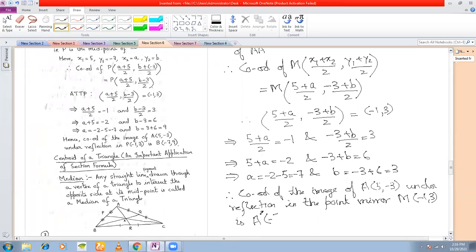The value of A we have found as (minus 7, 3), and this is the required coordinate of the image of A. Any question on this sum?